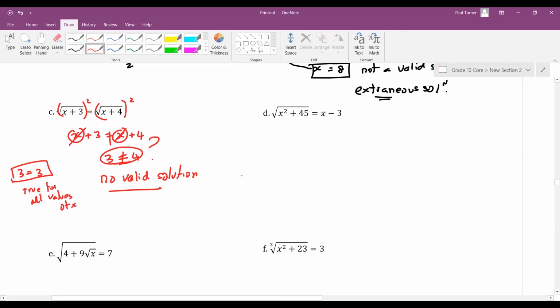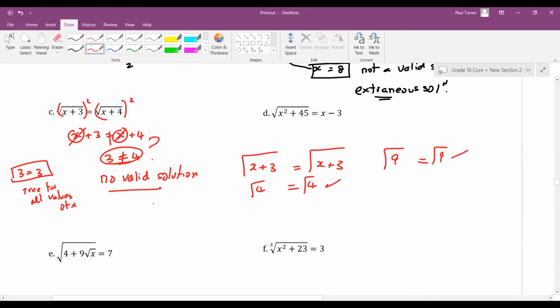So for example, if you had root x plus 3 equals root x plus 3, this is always going to be true, isn't it? It doesn't matter what you put here. So if x is 1, you'll get root 4 on both sides. If x is 6, you'll get root 9 on both sides.